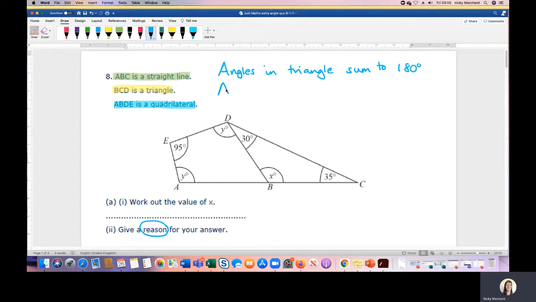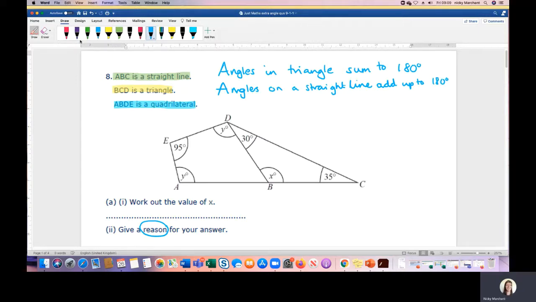You do need to actually put the words straight line, otherwise you won't get the mark. They're very fussy about the specific language you use. Angles on a straight line add up to, or sum, whichever word you want to use, 180 degrees.